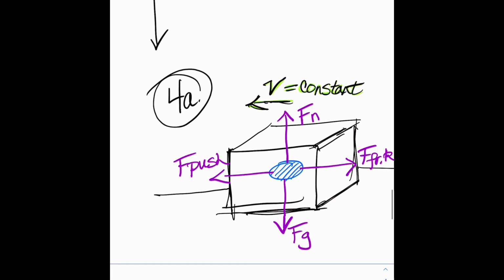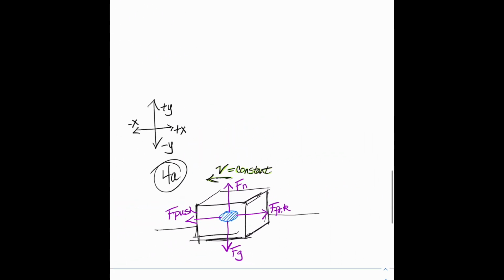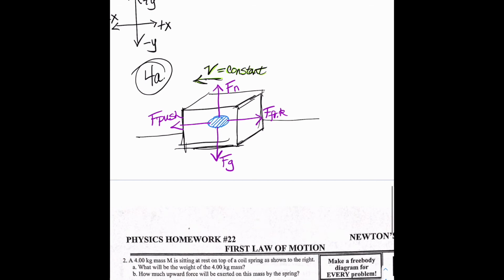I'm going to call up positive y, down negative y. I'm going to call right positive x, and left negative x. I'm then going to sum my forces in the y direction because normal force is in the y direction. So let's go ahead and write that.